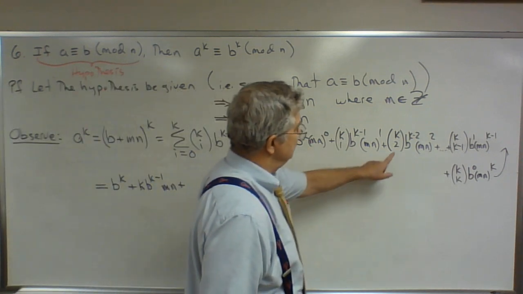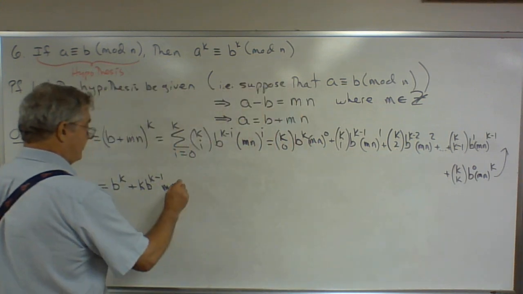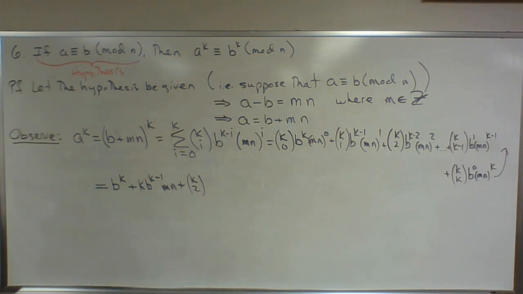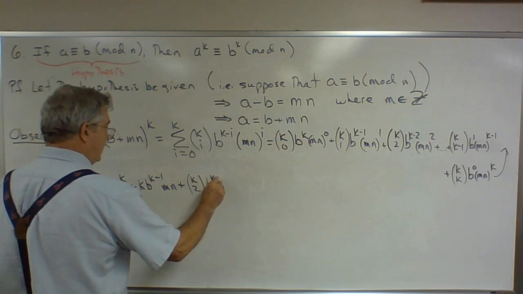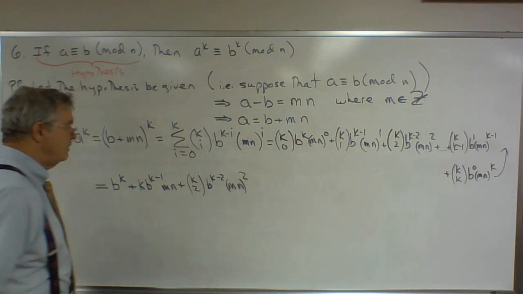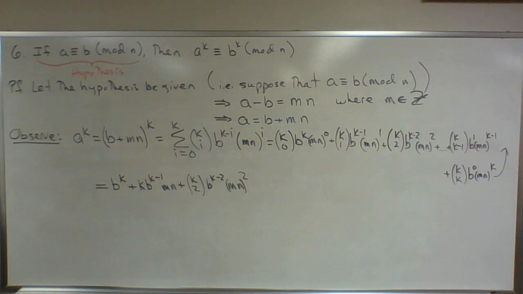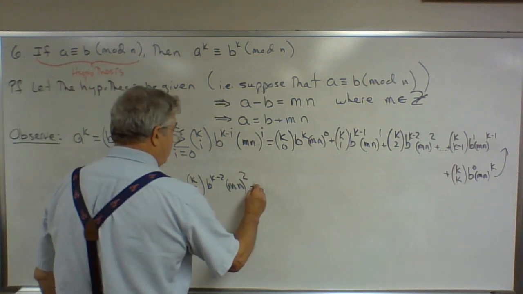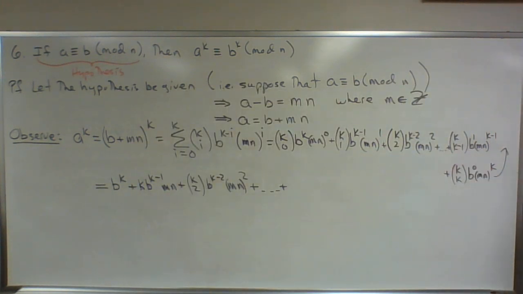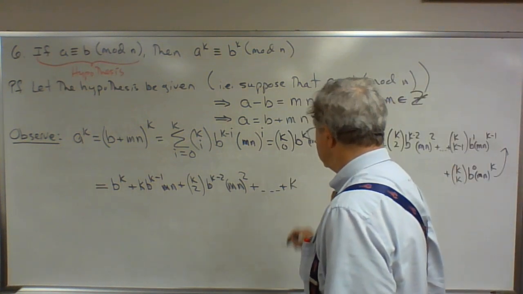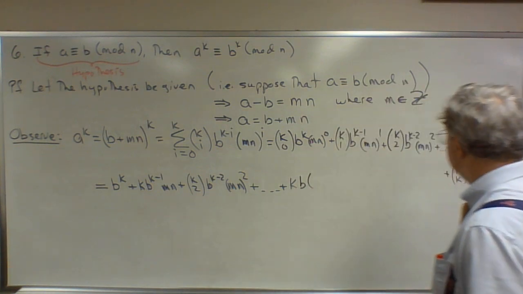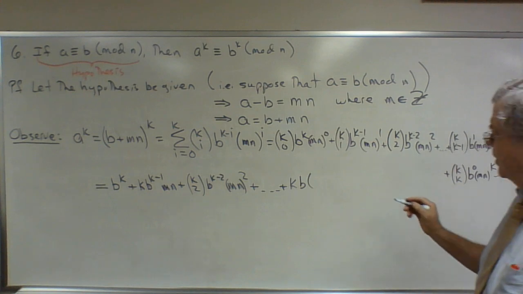And this, I'll just leave this as k choose 2, b to the k minus 2, mn squared, plus dot dot dot. k choose k minus 1 is just k, b to the first, m times n to the k minus 1.